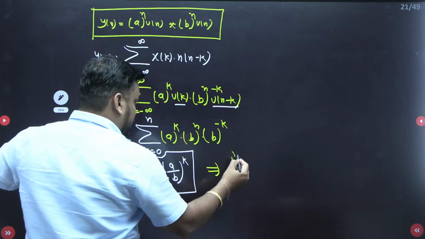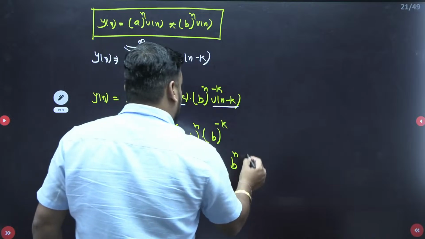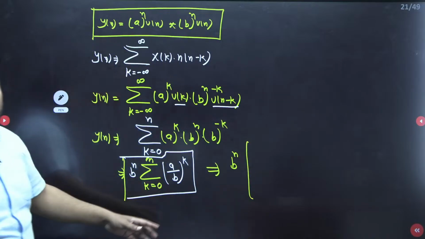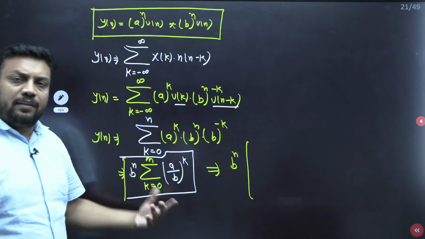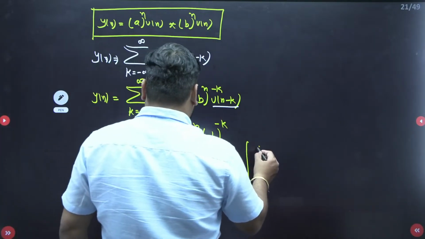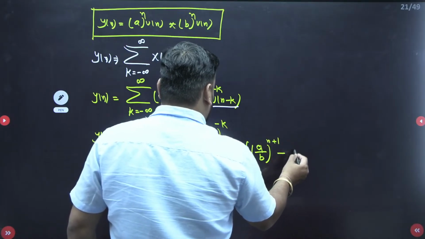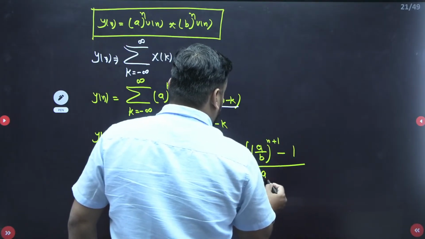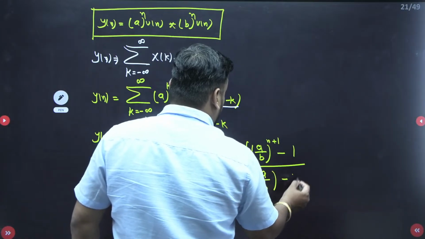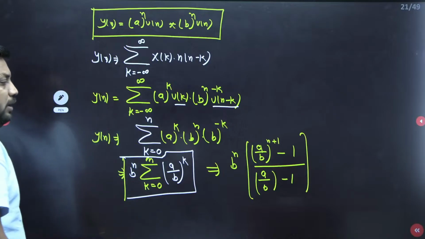You will get b^n outside, and here you can apply the formula. Suppose a/b can be less than 1 or greater than 1, don't worry. If I take it greater than 1, then my formula will be ((a/b)^(n+1) - 1) upon (a/b - 1) into u[n].